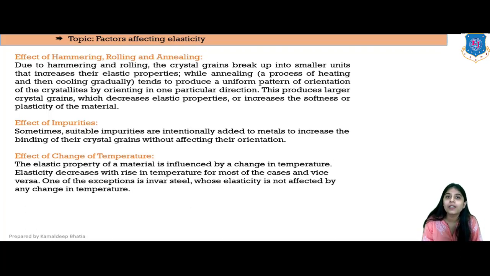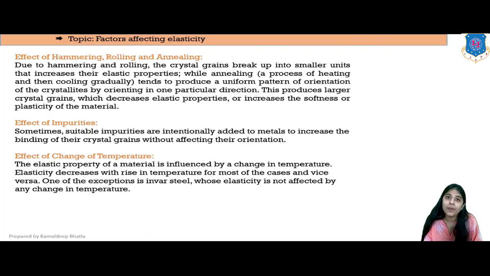It has been said by Sir Lawrence Bragg that in order to be strong, metal has to be weak, which means that metals with smaller grains have high strength. So metals with smaller grains are stronger than those with larger grains. The next factor is the effect of impurities.